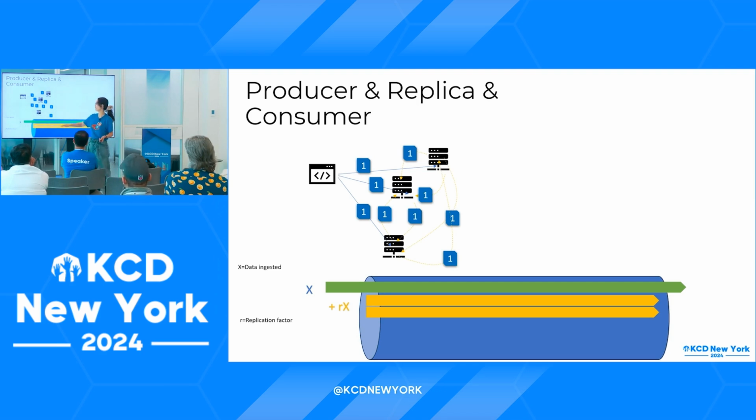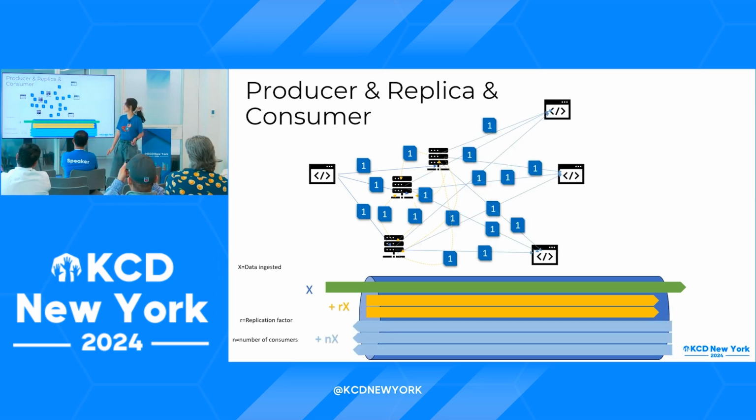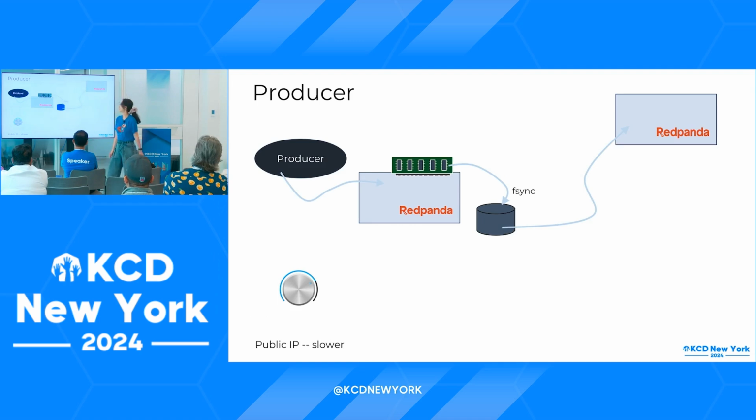So you also need to add those factors in there. The more replicas you have, the more data is going to be transferred. And the number of consumer groups consuming from your topics is going to add on top of that. So this is just a quick calculation of how you can determine your bandwidth for your networks and stuff like that, right?